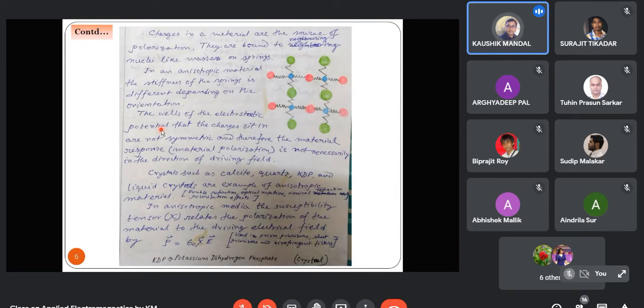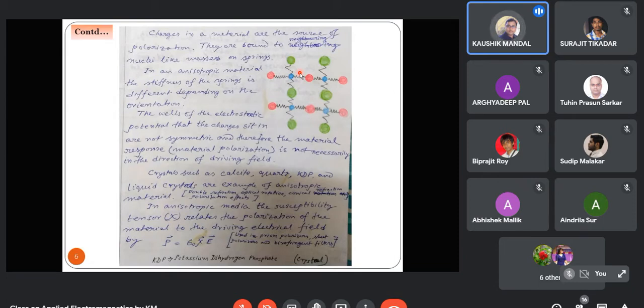So we can say the electric charges are seated in a particular electrostatic potential well. The shape of this potential well depends on the strength of the spring, as the strength of the spring is not the same for each and every electric charge. So in anisotropic material, the electric charges are seated in an electrostatic potential well which is not symmetric in nature.